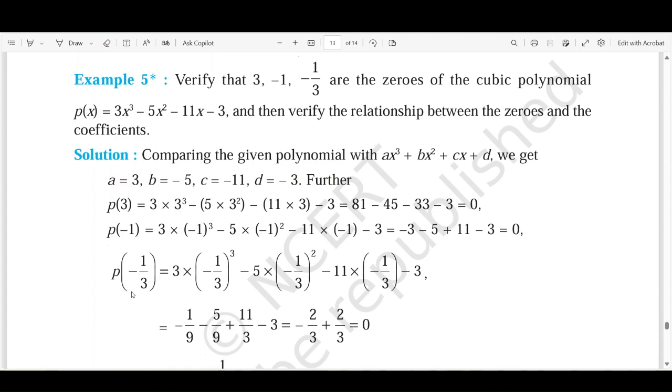So you replace x by 3, minus 1 and minus 1 by 3, and check whether the values are equal to 0. In all the cases, they are getting the answer to be 0. Therefore, 3, minus 1 and minus 1 by 3 are all zeros of the given cubic polynomial. Now we have to verify the relationship between them.